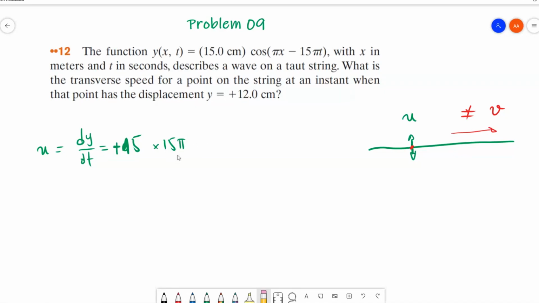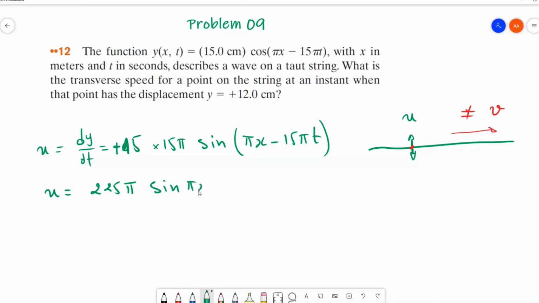It's 15 pi. Cosine will become sine of pi x minus 15 pi multiplied by the time. Okay, great. So u is equal to 225 pi sine of this one, this guy here. Great. We have u and we have the function y here.